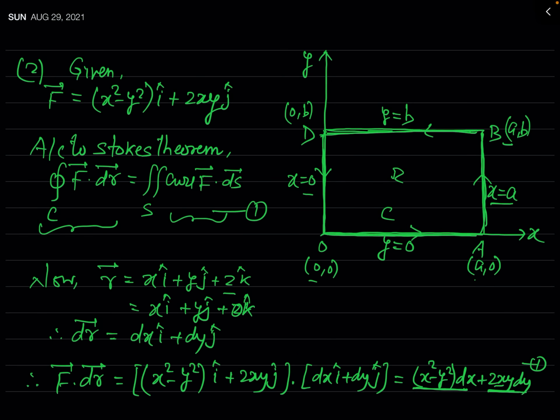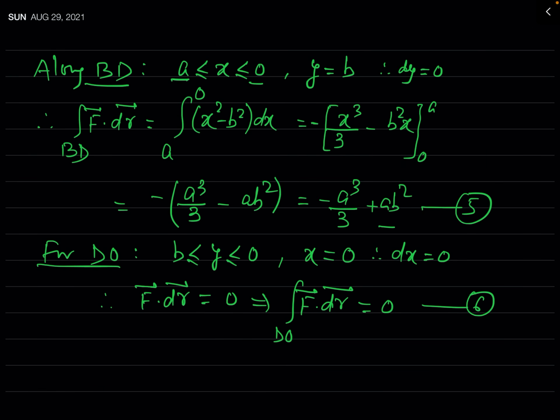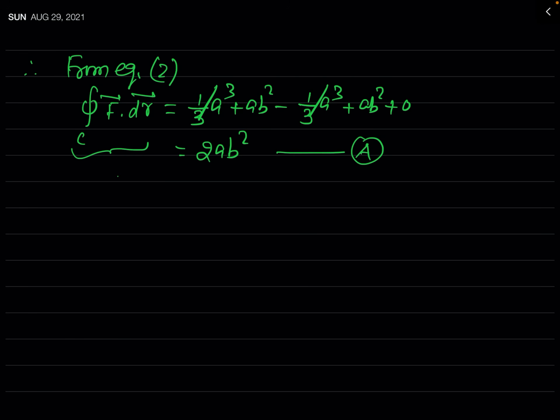This is equal to the surface integral of curl of f over the surface S bounded by this closed curve C. So now we will try to find this integral defined in equation 1. For that, first of all, we will have to find the value of curl f.